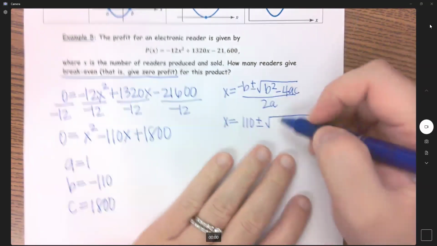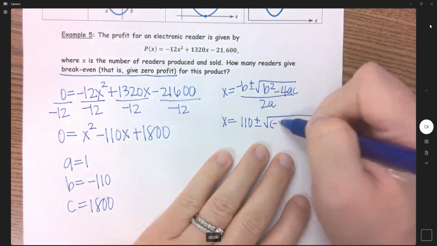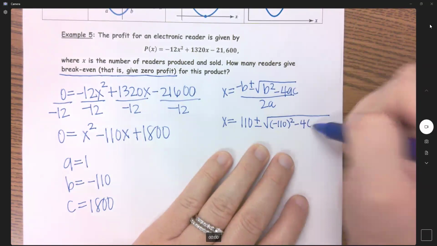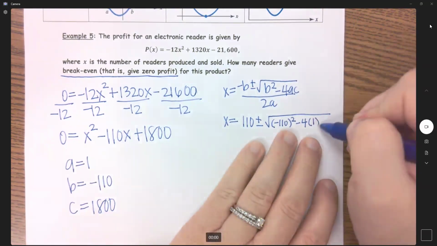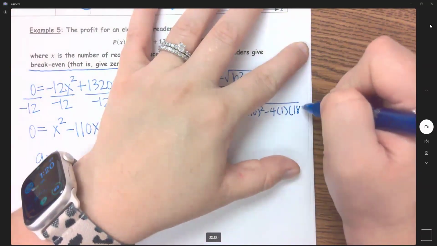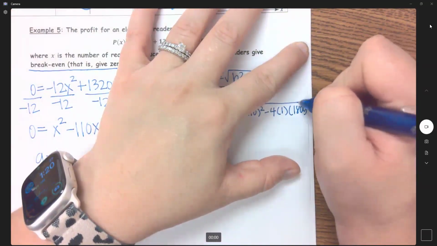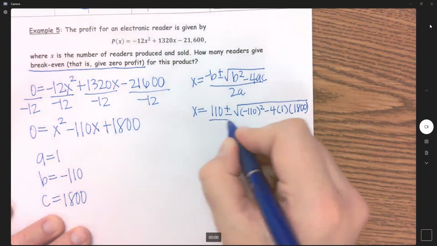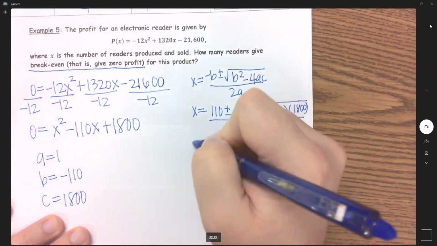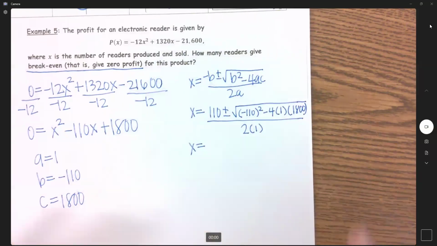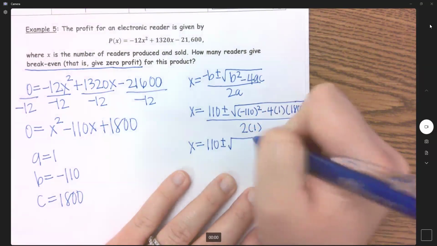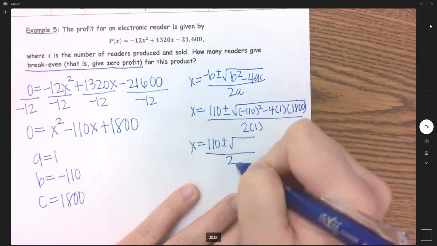Because b is negative, it has to go in parentheses. Minus 4 times a, which is 1, times c, which is 1,800. All over 2 times 1.